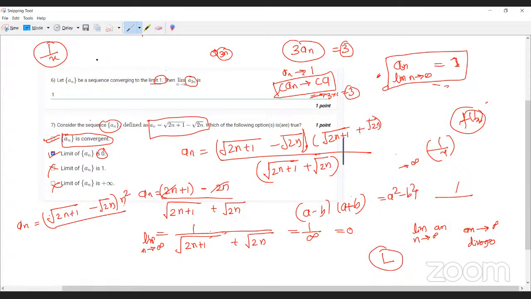Okay, sir. If I'm getting the limit does not exist at infinity, it means the function is divergent. Otherwise, if I'm getting any particular value, this sequence is converging to 0, right? As I increase the value of n, I will converge this to 0.